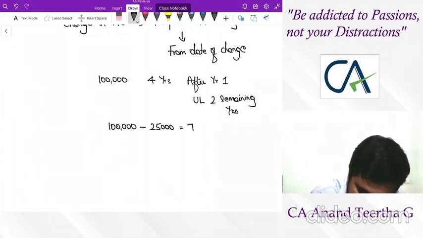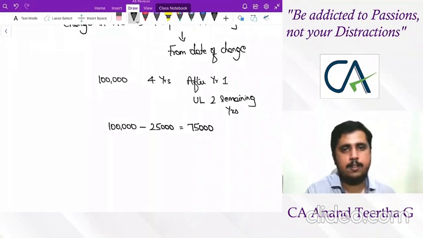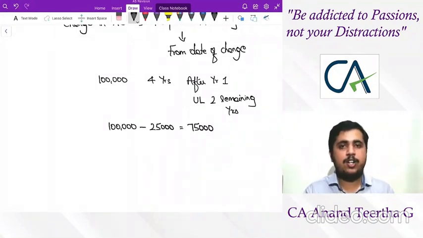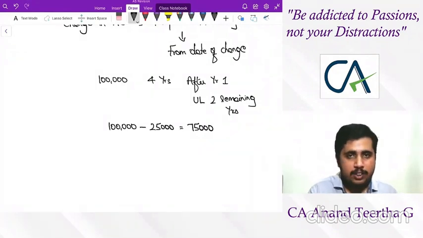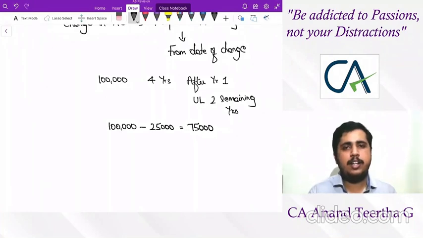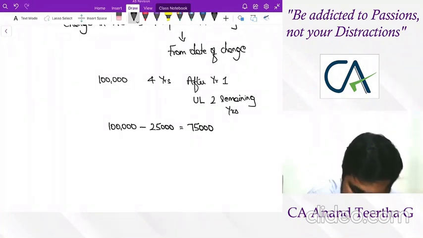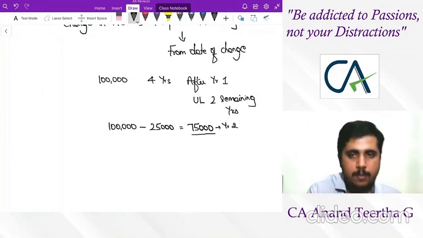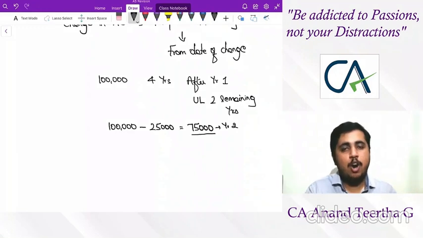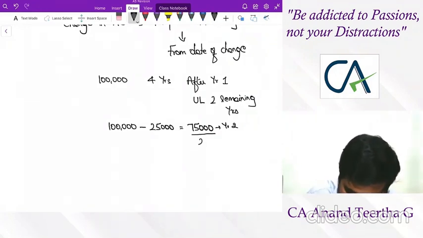So 75,000 is the value of the asset as on the date of change. 75,000 is the year 2 value. And how many more years are there as useful life? Only 2 more years. Divided by 2, 37,500 will be the depreciation.